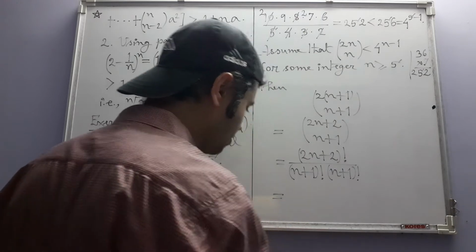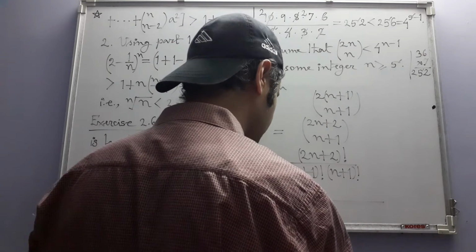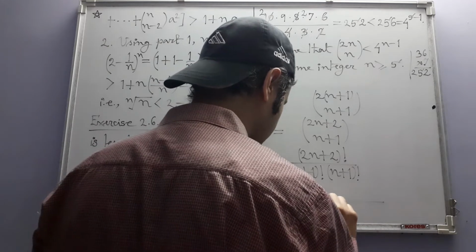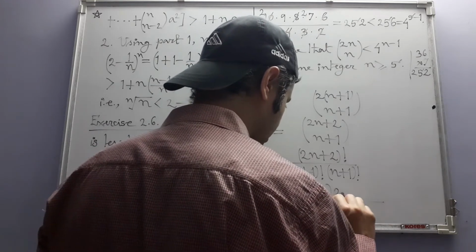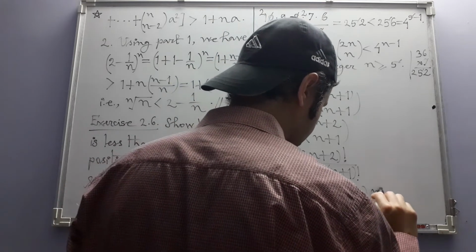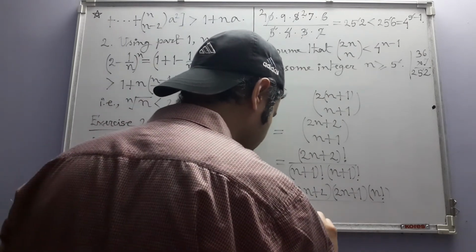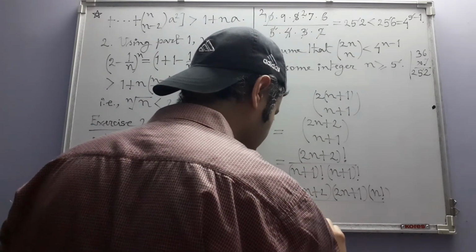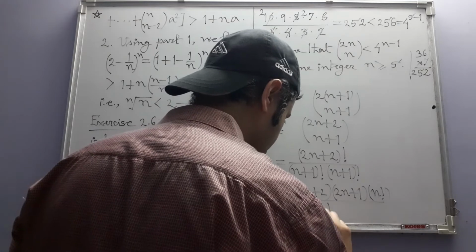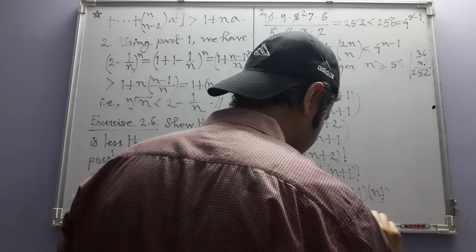We can now simplify things by writing the numerator as 2n plus 2 times 2n plus 1 times 2n factorial. In the denominator also we can write n plus 1 times n factorial, and again n plus 1 times n factorial.